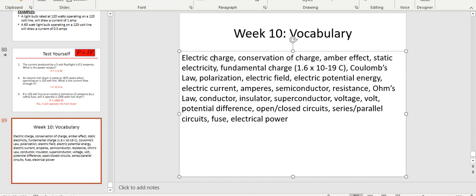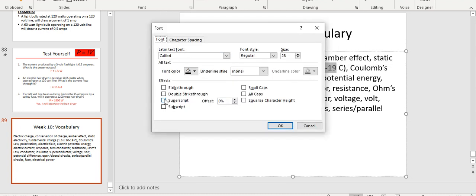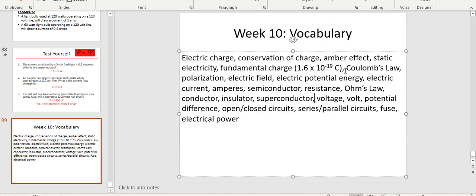Electric charge, conservation of charge, Amber effect, static electricity, fundamental charge, which we've seen. Coulomb's law, polarization, you remember the wall? Electric field, positive and negative, the direction they go. Electric potential energy, just another word for volts or battery. Electric current, I, measured in amperes.